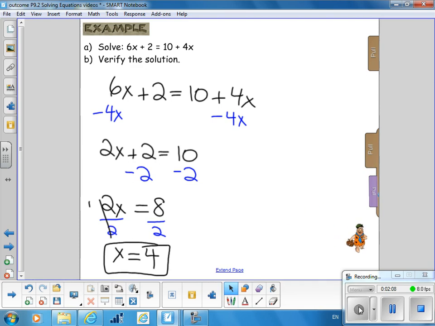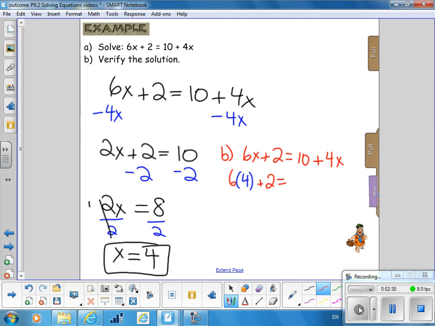We are asked to verify this. Verify means make sure we have the correct answer. So we take our original equation, and what we are going to do is substitute the value of 4 into the x spot. So instead of x, I'm going to put a 4. And I want to make sure that my left-hand side equals my right-hand side. So I replace that x with 4 as well.